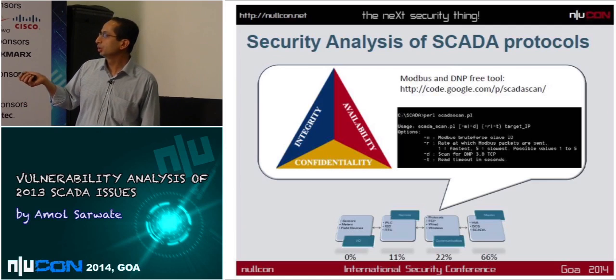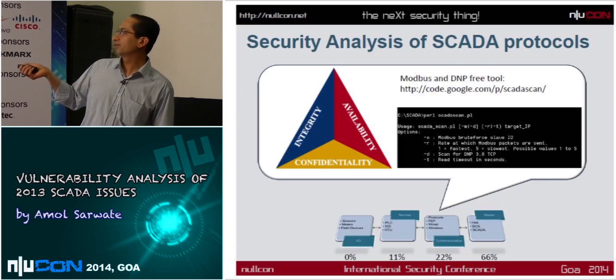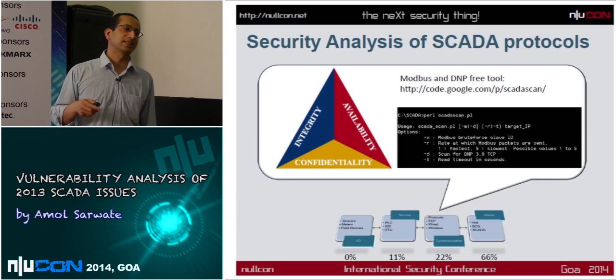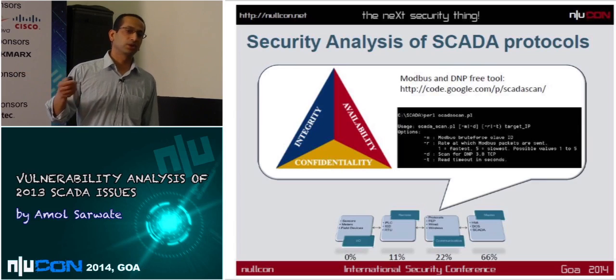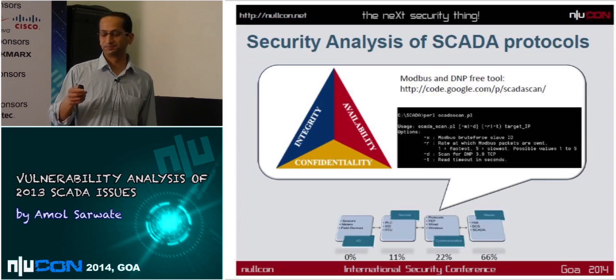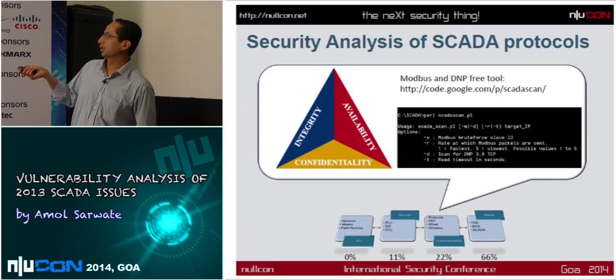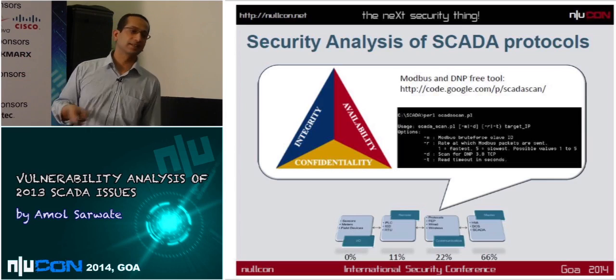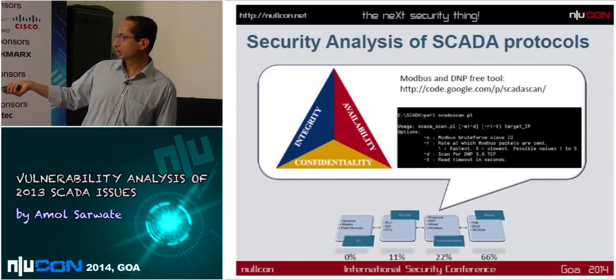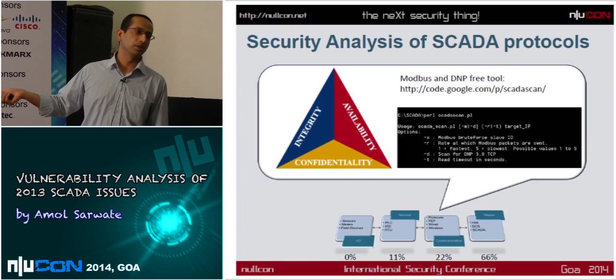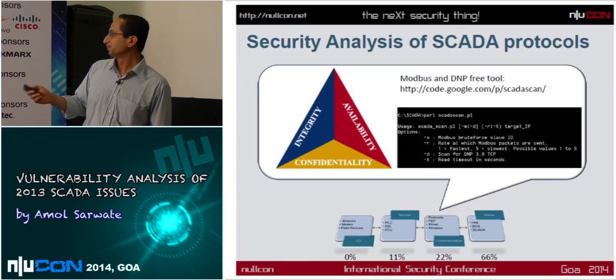And there is a free tool that I wrote a few years ago that you can check out. It can scan for Modbus and DNP3 devices on your network, and you can try to hack them and things like that. So check it out. It's on Google. It's called SCADA Scan, and it mostly deals with the communication component, the SCADA protocol component.